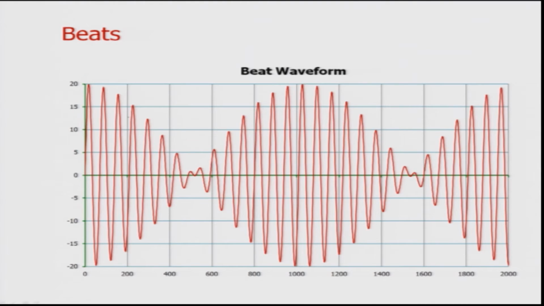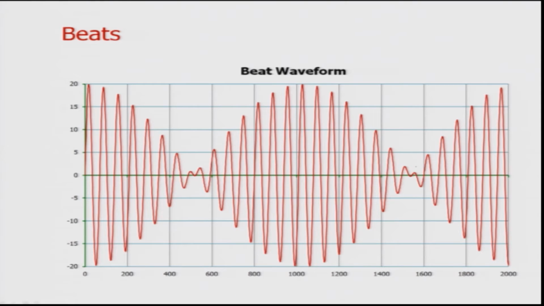So when I add up this red curve and the green curve, this is the waveform I get. This is a summation of the red curve and green curve. The frequency of these two waves is fairly close to the original frequency. In that case we have heard 300 and 302 hertz, so this frequency will be 301 hertz, but then the amplitude of the wave goes up and down, and up and down, and so on.